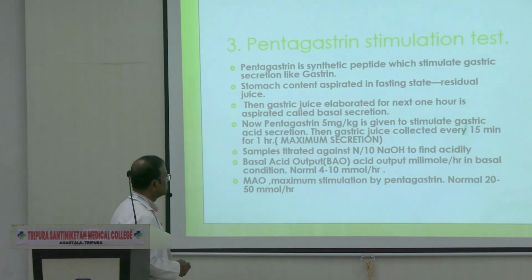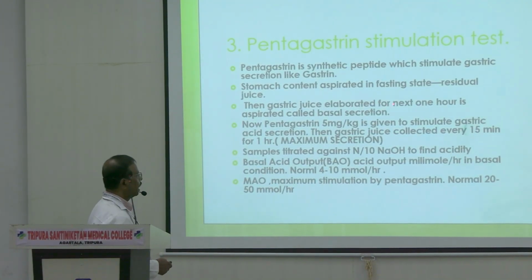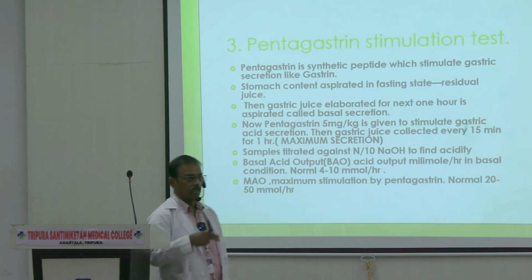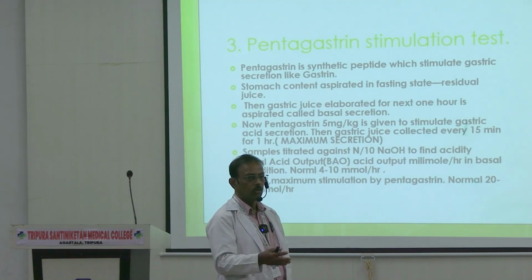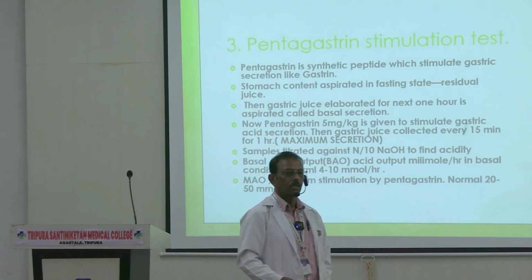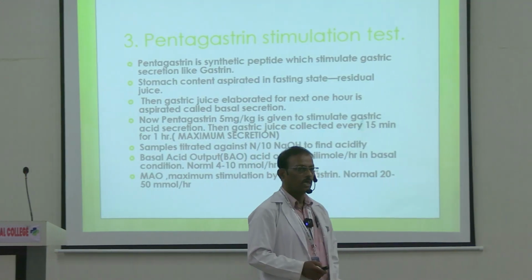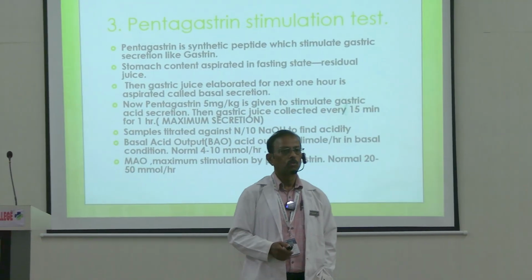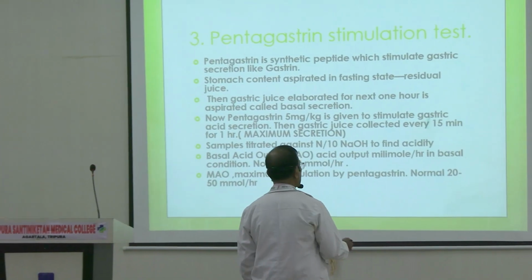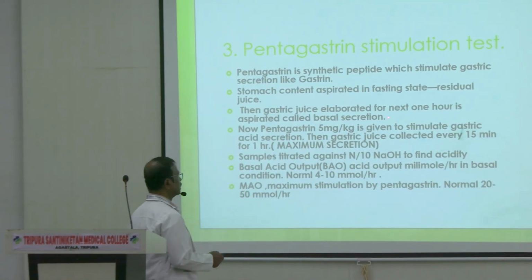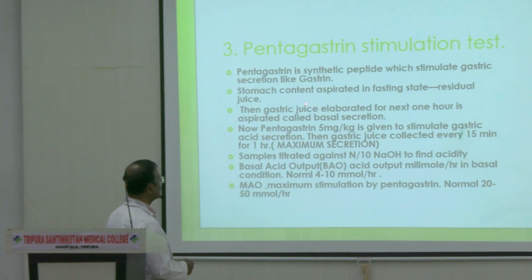Then gastric juice is elaborated for the next 1 hour. First aspiration is done, then we wait 1 hour to see how much gastric juice is secreted without stimulation. That is again collected. This is called basal secretion. First is residual secretion, then basal secretion.